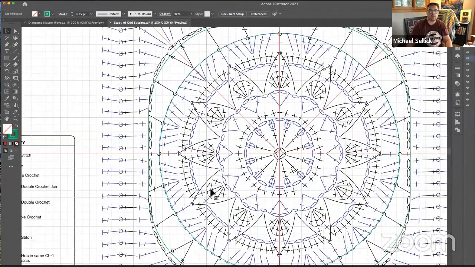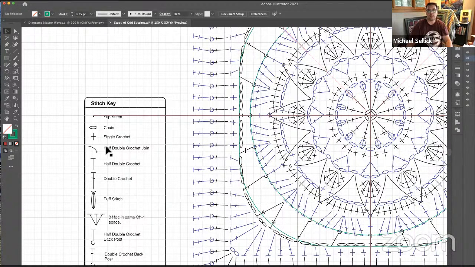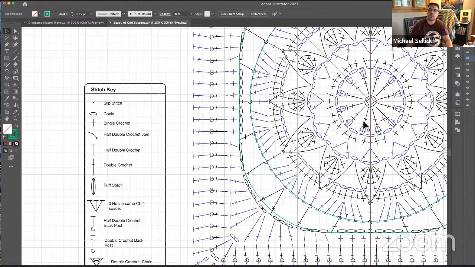Okay, so we have to take a look at what's going on in here. So we got halves. There's probably going to be that eventually. These are popcorn, so that's going out.